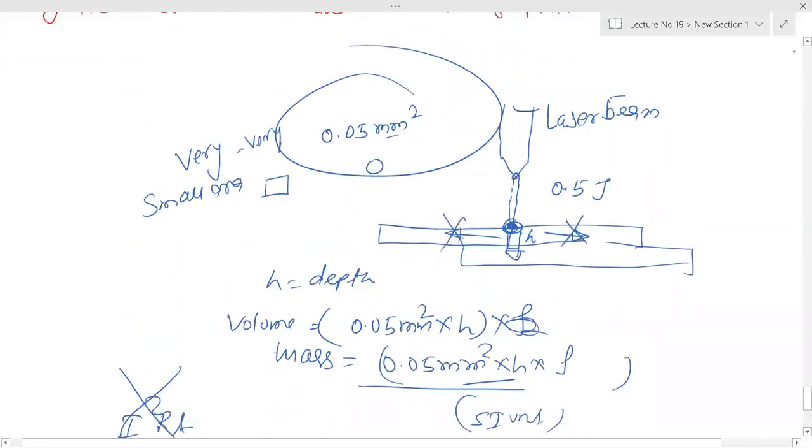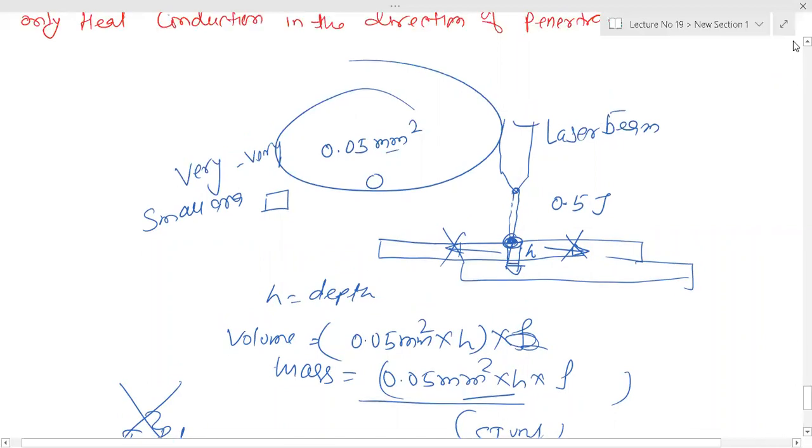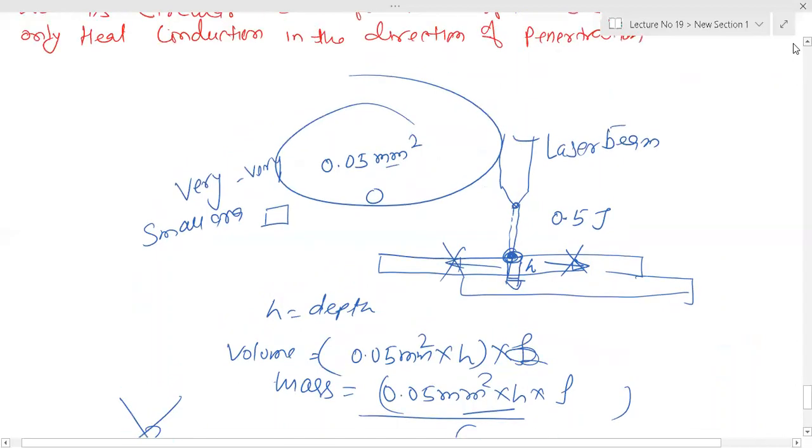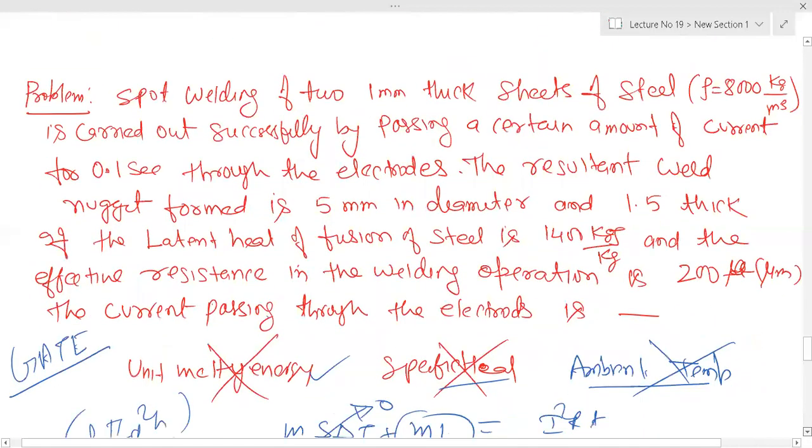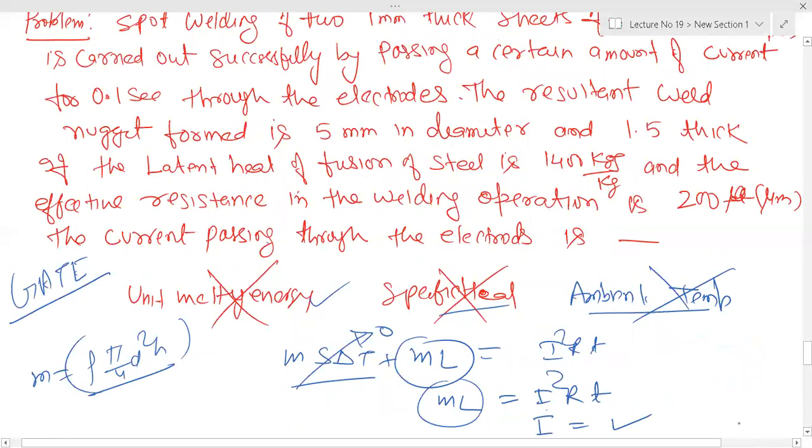As I said in the beginning of the physics of welding, we are studying the heat energy balance in the welding process. That is the mechanical engineer's thermal analysis of welding. We are mechanical, not from the production side.